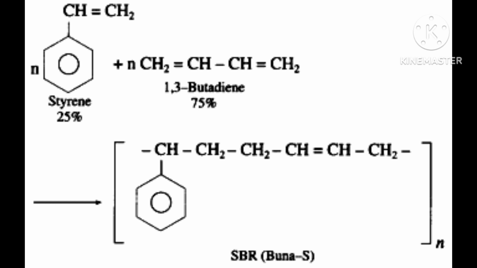From that, H plus from NH2 will join to the O which has the negative charge. Then O became OH, and carbon joined with nitrogen.